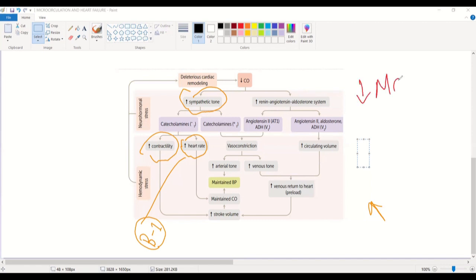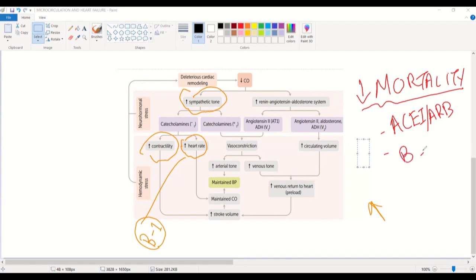ACE inhibitors decrease mortality, yes. ARBs, and beta blockers.